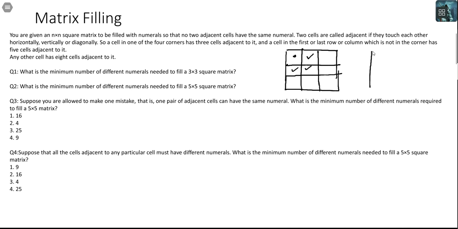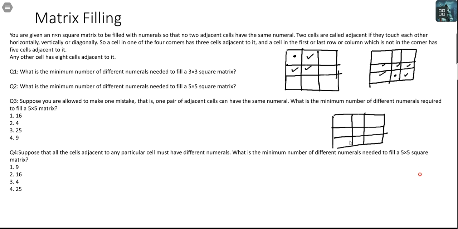And a cell in the first or last row or column which is not in the corner, say this cell, then these cells would be considered adjacent to it. And finally, a cell which is not in any of the corners or in the first or last row or column, say this cell, then all the cells around it would be considered adjacent. So you can either have 3 cells adjacent to you, or 5, or 8.